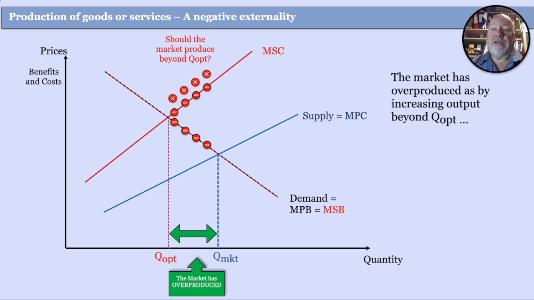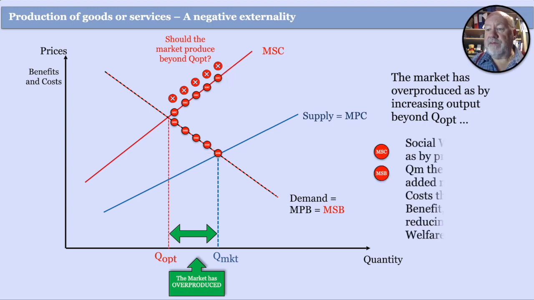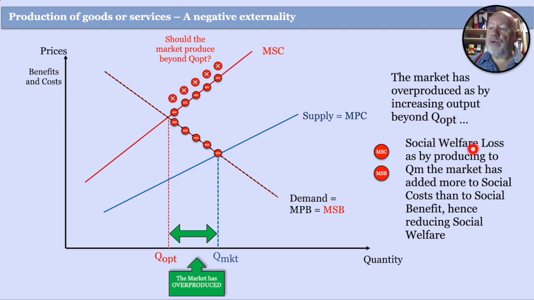Then you go on each of those points and answer the question, no, we should not have produced that because the social cost exceeds the social benefit. So the social welfare loss is occurring here between this point and this point where we are actually producing, because the social cost exceeds the social benefit. Okay, and therefore what you have is what we call a welfare loss triangle.